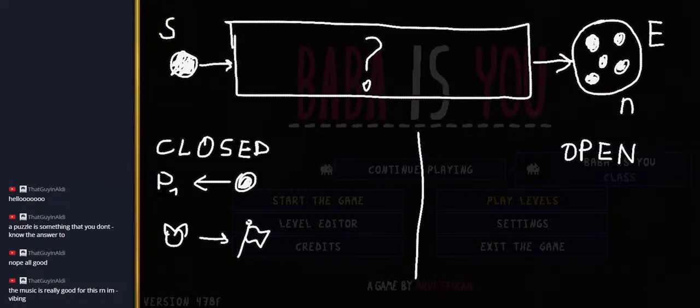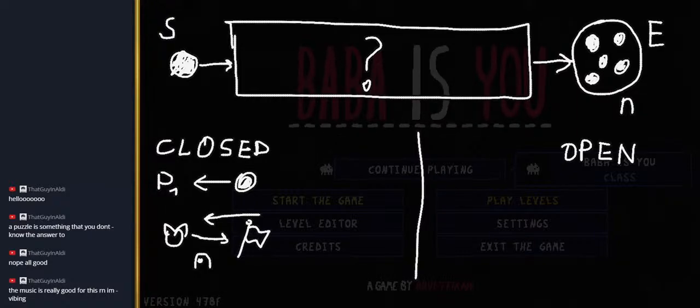In order to get to the flag, you need to create a pathway. So let's say we have a closed door in the pathway. That door needs to be opened due to the ending state requiring us to be at the flag. So information about the end state can be propagated backwards through the puzzle in order to give us more information on how to solve it.